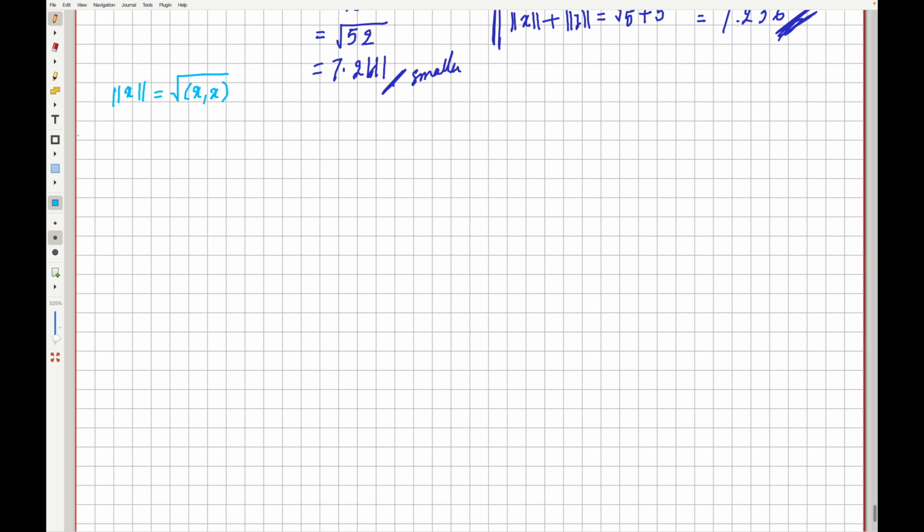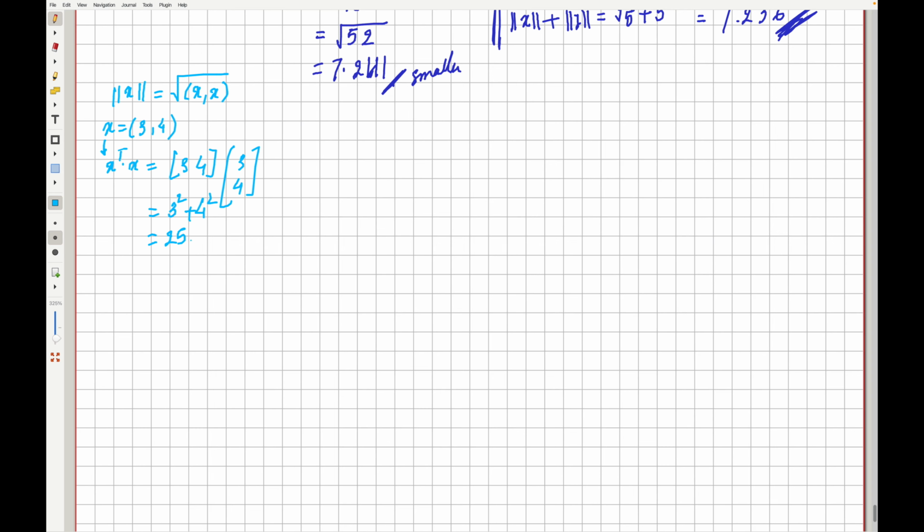So if we have a vector 3, 4 and get the dot product of it with itself, that is x transpose x, so 3 times 3, 3 squared, plus 4 times 4, 4 squared, and that's 25.